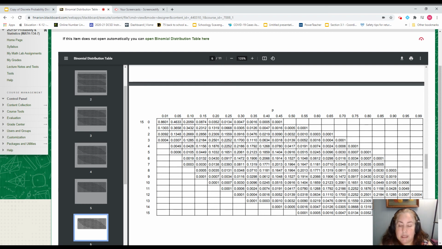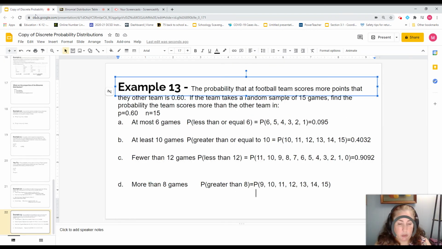And that gives me 6098. So this would be 0.6098. Okay, so those are fairly simple, just using the chart.